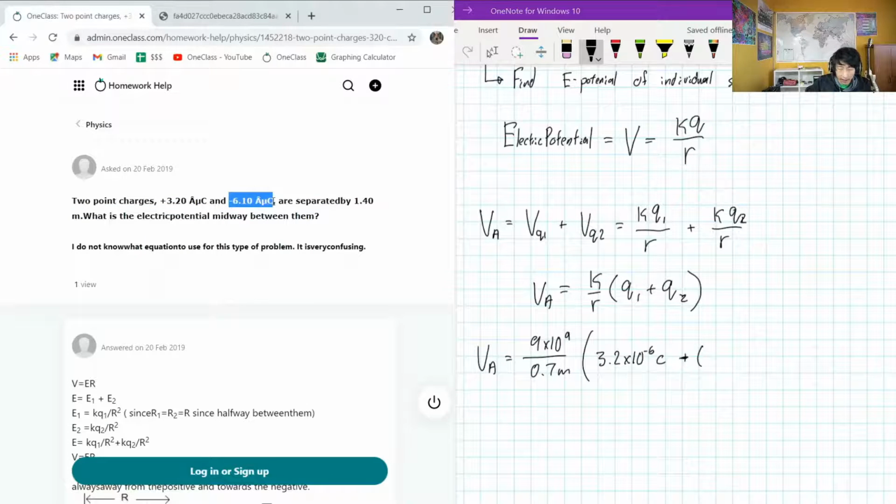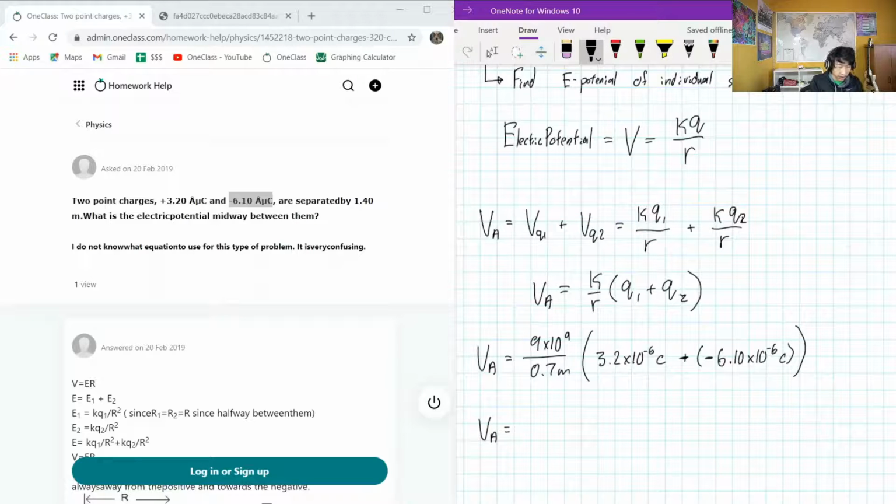Keep in mind it's negative, and that negative needs to be here. So negative 6.10 times 10 to the negative 6 coulombs. And this will be our electric potential at point A, halfway between them.